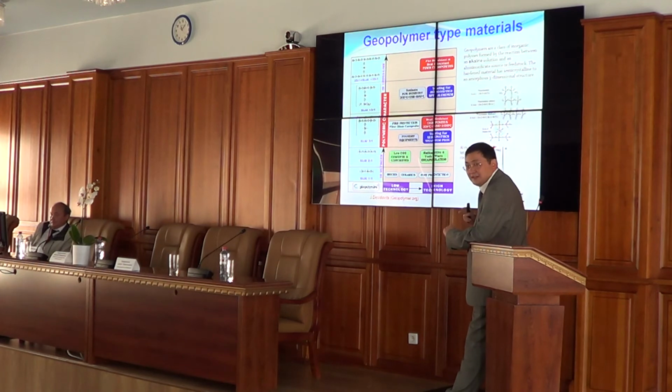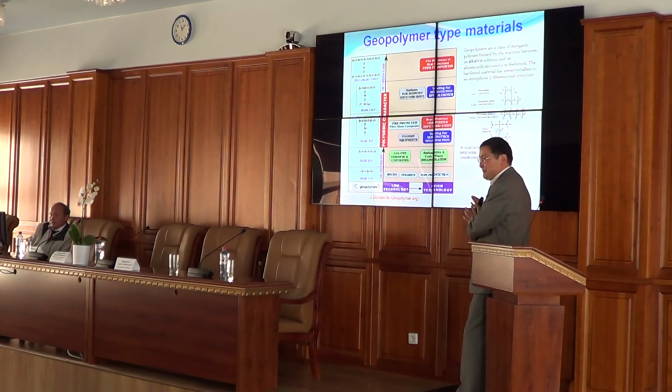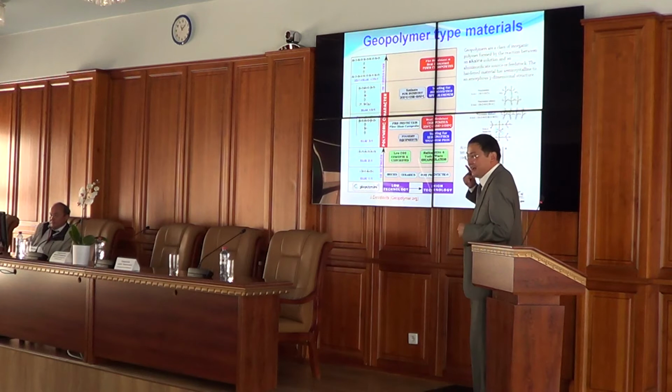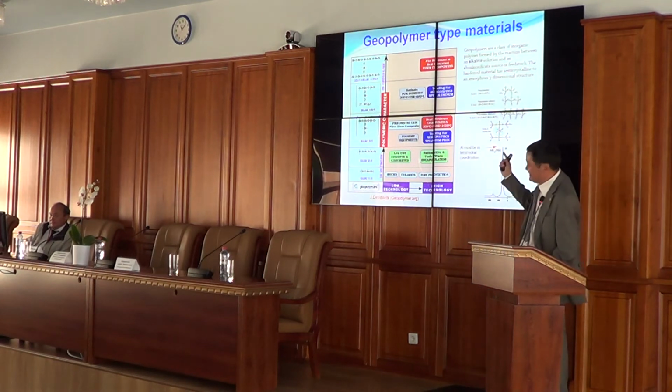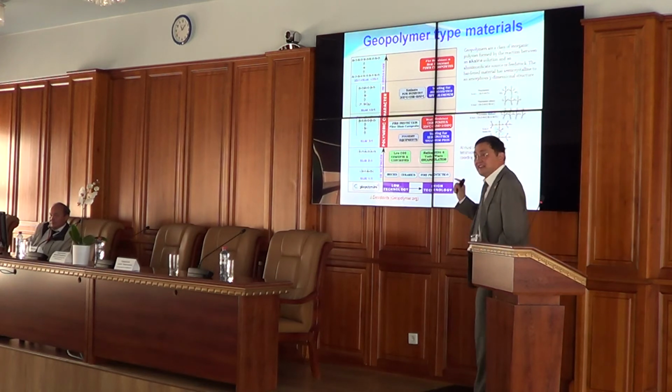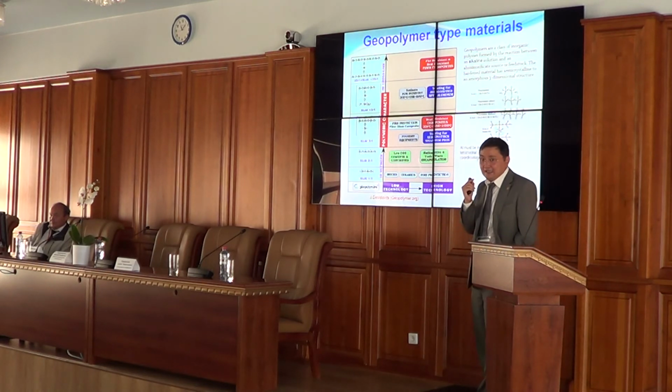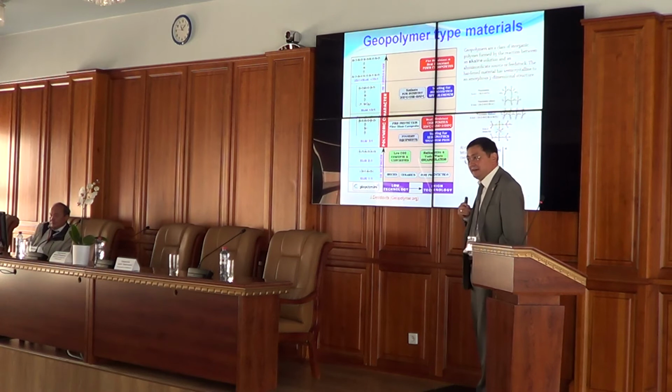Sometimes I do not agree with him, and in some papers I criticized his idea about geopolymers, and now I have shifted to his materials. But his idea that the silica to alumina ratio can change material properties is very important.